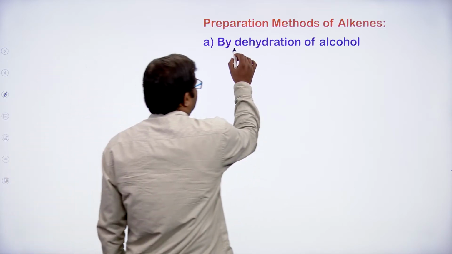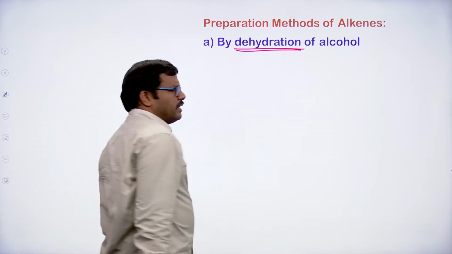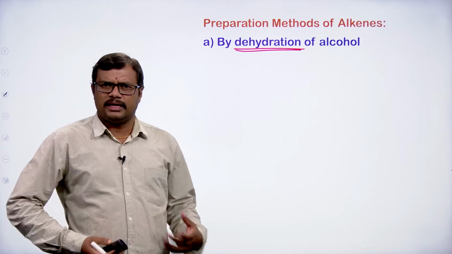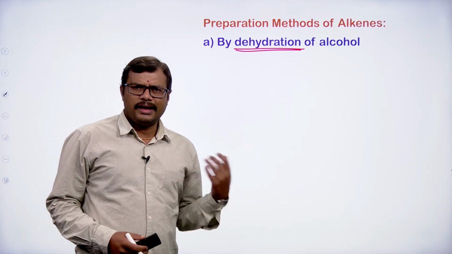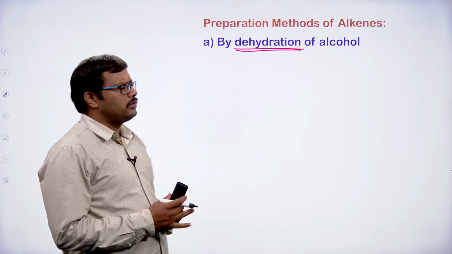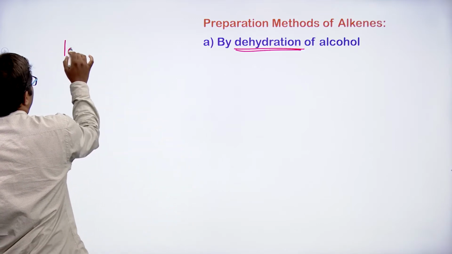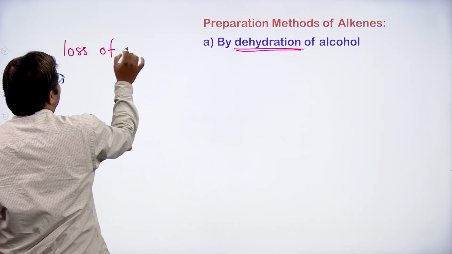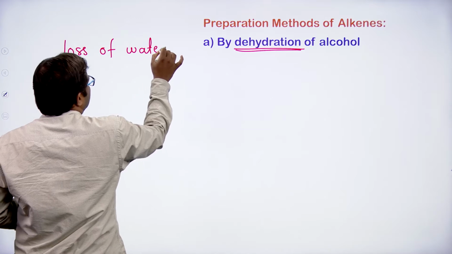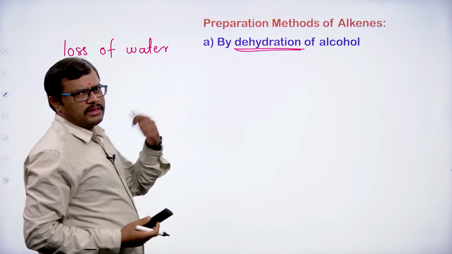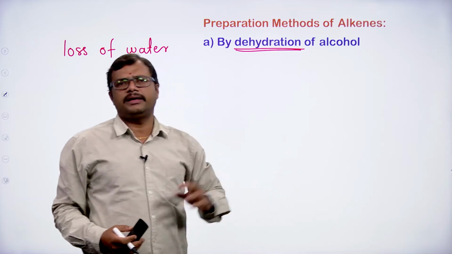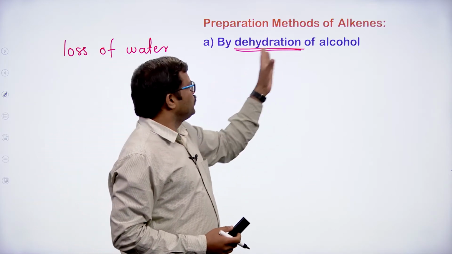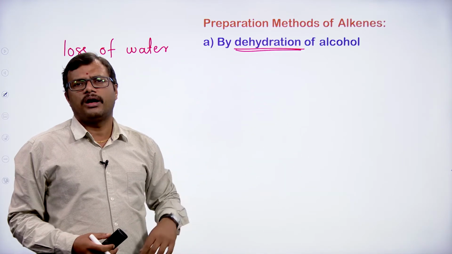Do you know what dehydration is? In the summer season, if people get dehydrated, dehydration means loss of a water molecule. So loss of a water molecule takes place in this reaction, from alcohol.